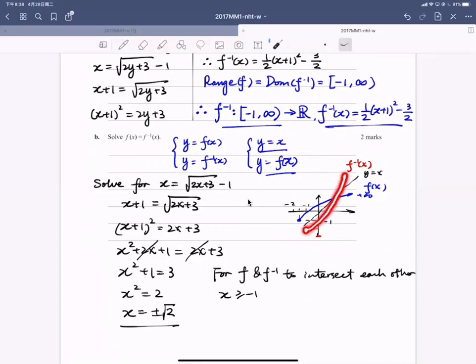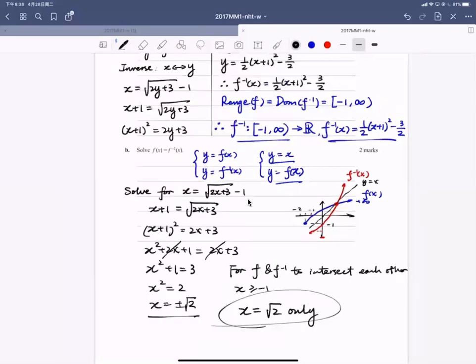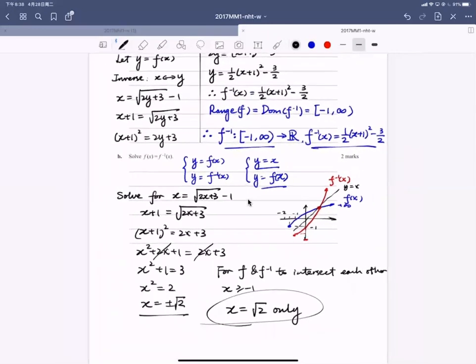The common domain is here. So x equals root 2 only, okay? It's very important. If you keep both solutions, you are not correct, and you will hence lose marks.